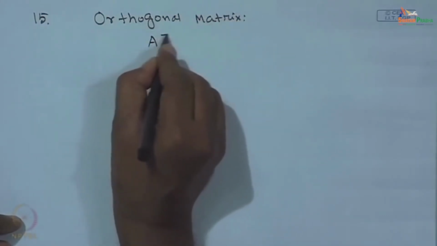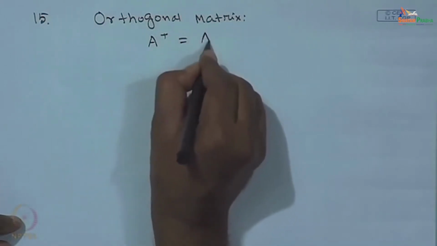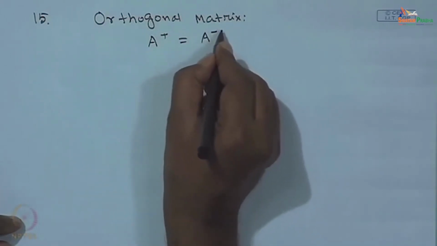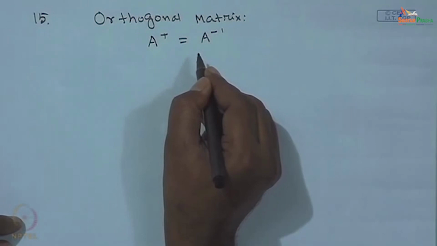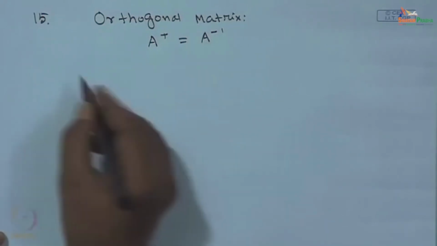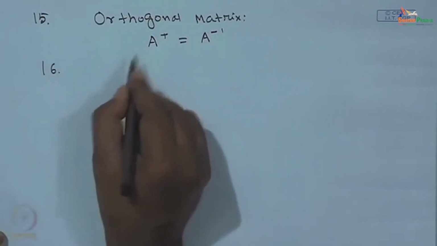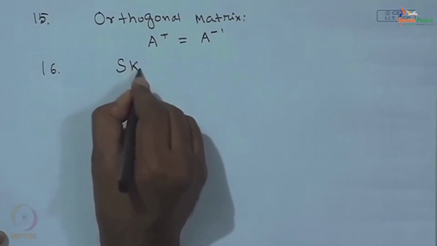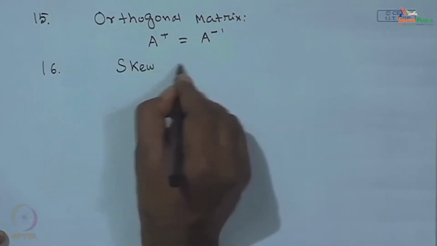If A transpose is equal to A inverse, then we call the matrix A an orthogonal matrix. Then we talk about the skew symmetric matrix.